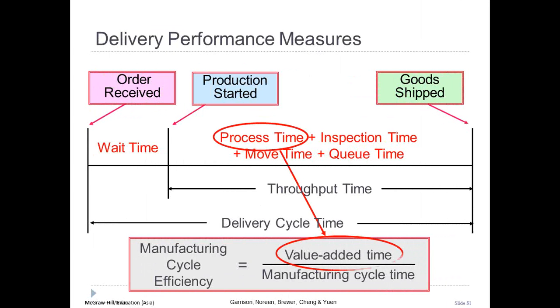Manufacturing cycle efficiency, MCE, is computed by dividing value-added time by manufacturing cycle, or throughput, time, and an MCE less than 1 indicates that non-value-added time is present in the production process. Next, we will look at a series of questions dealing with delivery performance measures.